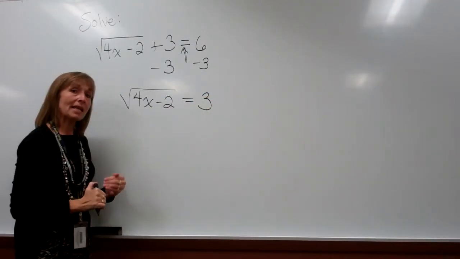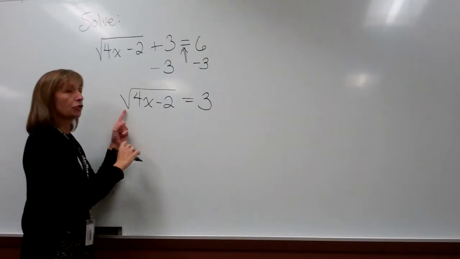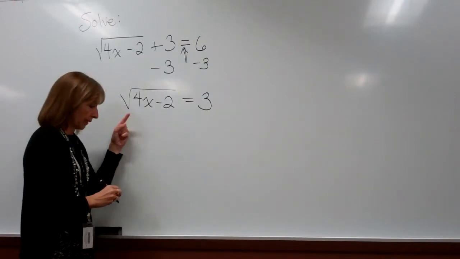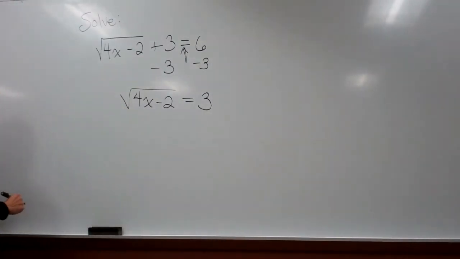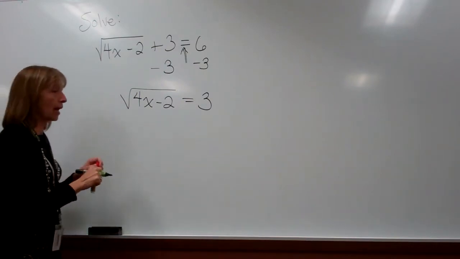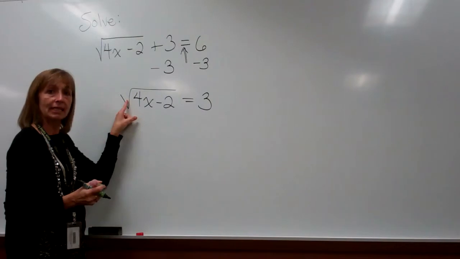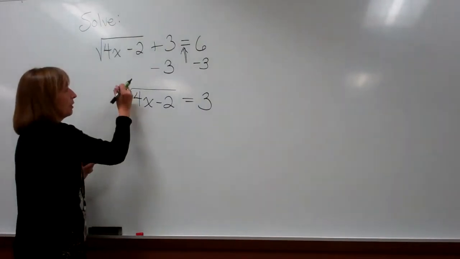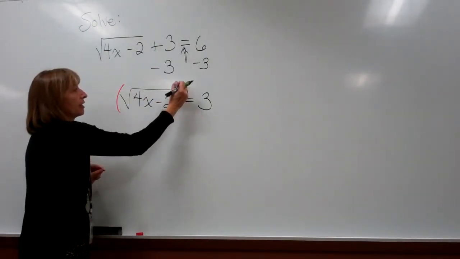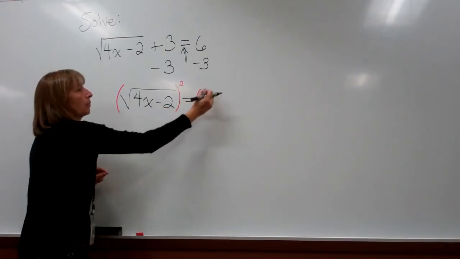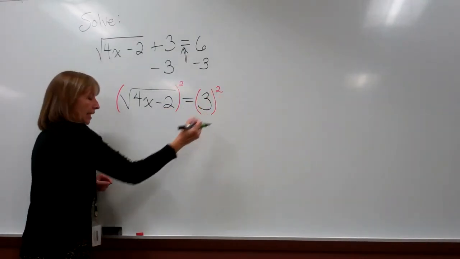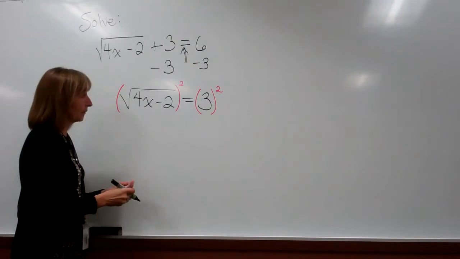Now what I want to do next is to undo the operation of the square root. And to undo a square root, we want to take both sides to the power that matches the index. Remember, square root is an index of 2. So to undo the square root, we'll take both sides to the second power. But what I do to one side, I have to do to the other side, and that's why we do both sides.